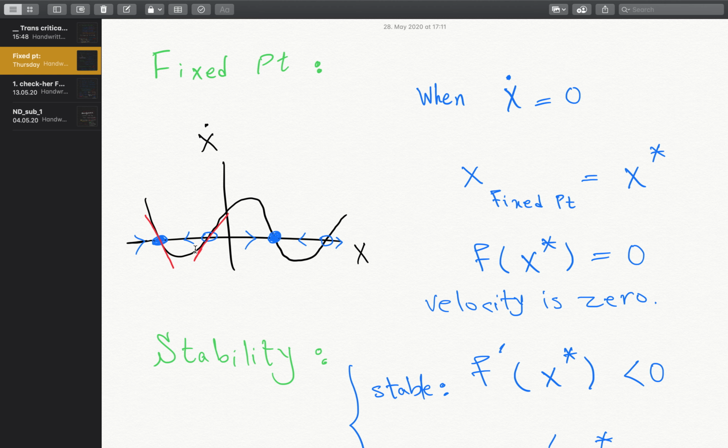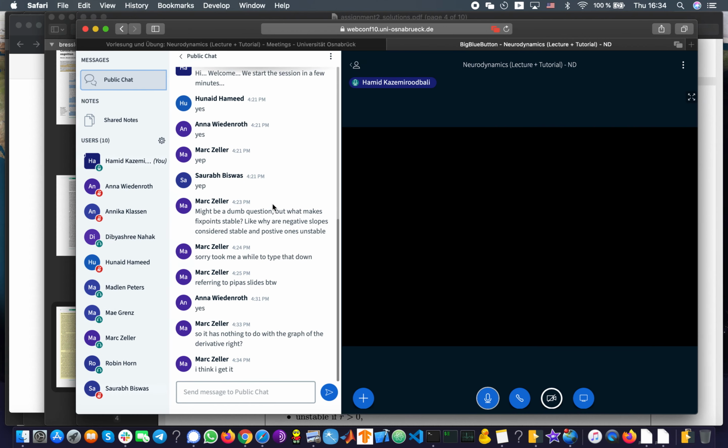And if it is on this side, because x dot is negative, it is going away from this point. And this is why we call it unstable. With a little perturbation, you see that it goes toward this fixed point or that fixed point, and therefore we call it unstable. Is that clear?